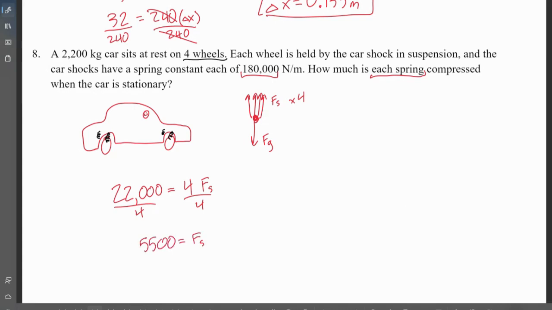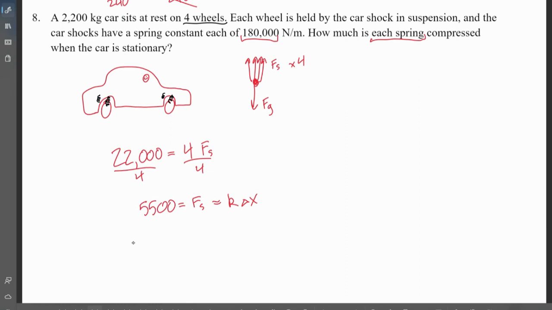But what is our spring force also equal to? Oh, that's right, K delta X. So we know the force is 5,500. We know K is 180,000 delta X. So all I do, divide by 180,000.